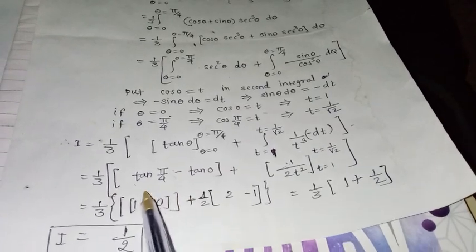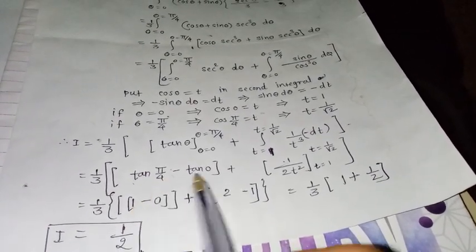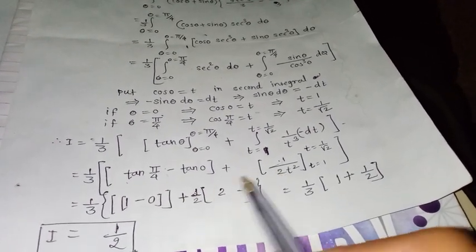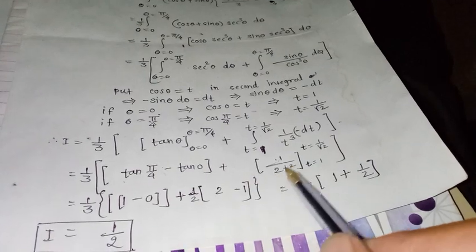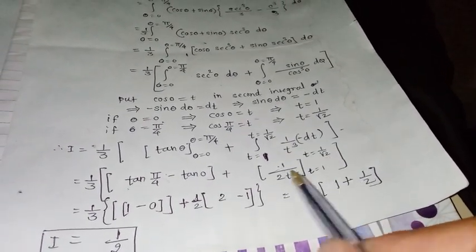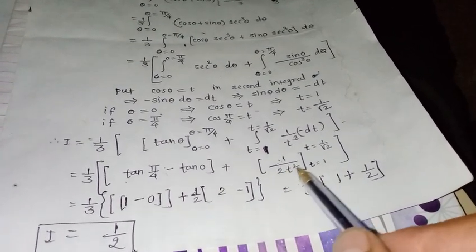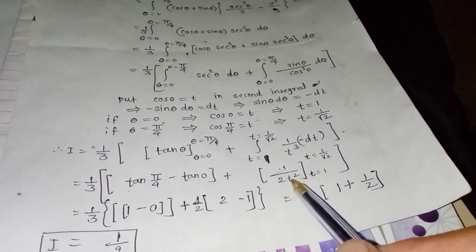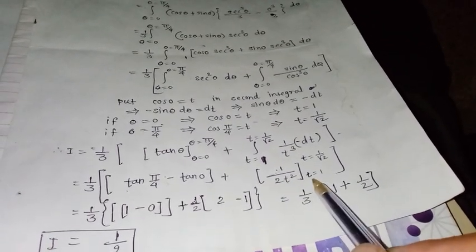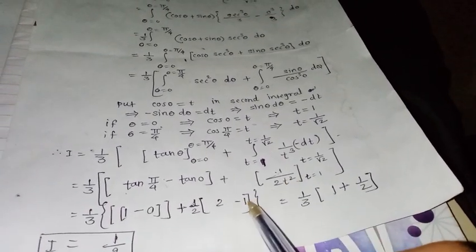So in the next step, the tan pi by 4 value is nothing but 1 and tan 0 is 0, plus. Now this 1 by 2 I am taking outside, and if I put the upper limit, that is t equals 1 by root 2, then 1 upon root 2 bracket square is nothing but 2 here, and if I put the lower limit, that is t equals 1, that is 1 upon 1 square, that is nothing but 1.